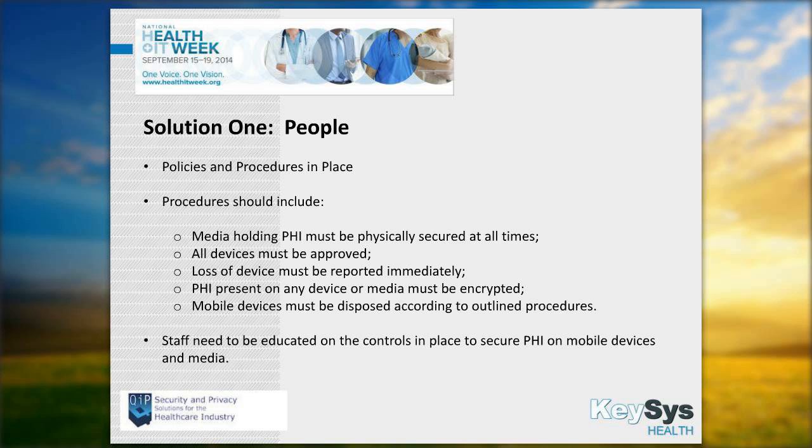Then the procedures you'll need to define will define how you're going to implement that policy: exactly how it will be controlled, and how mobile devices will be controlled in the organization and monitored for effectiveness. And these are two steps I think people often leave out. They may scramble together and put a policy together, but monitoring that policy, understanding that it's being effective, is often a procedure that gets left out.